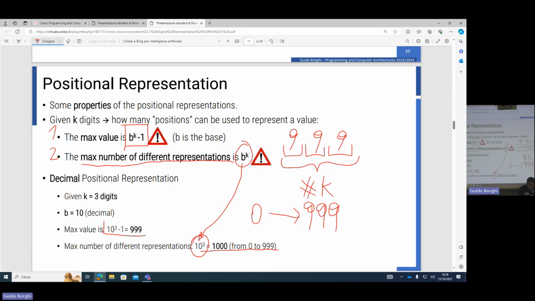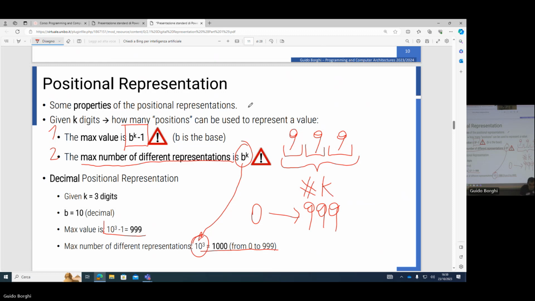Okay, so remember only B to k minus 1 and B to k. They are 2 very important properties, since we are going to use them with the binary representation. With the decimal positional representation it is quite intuitive to use these properties. With the binary representation, maybe it's more complex, so it's important to understand these properties with the decimal positional representation.